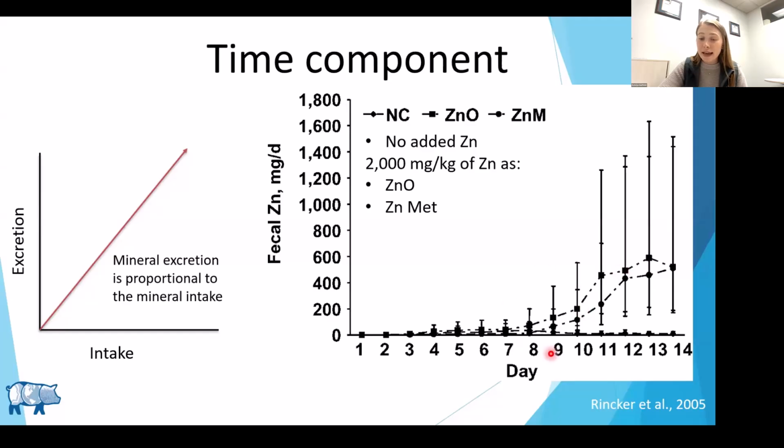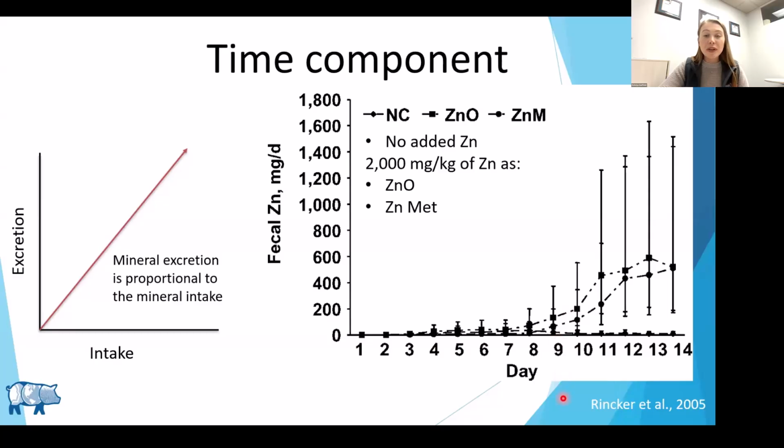So this does complicate things a little bit and maybe changes how we view feeding minerals in the diet. Maybe there's a potential that we can feed pharmacological levels of zinc during the early nursery period to help manage things such as post-weaning diarrhea, and then reduce back down to the pig's requirement closer to day 7 to 10 before they begin excreting a lot of that mineral into the feces.